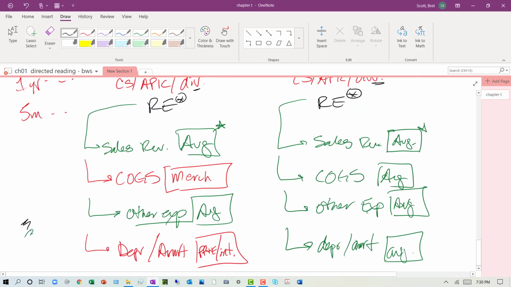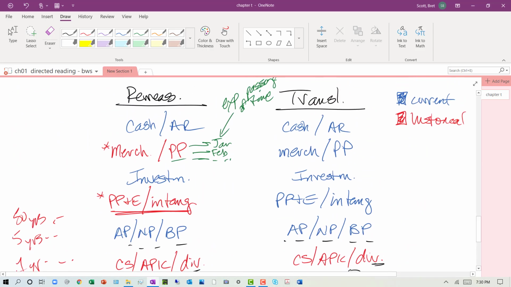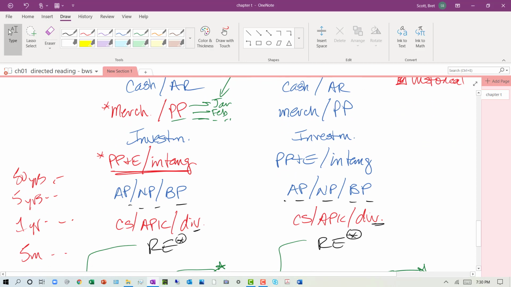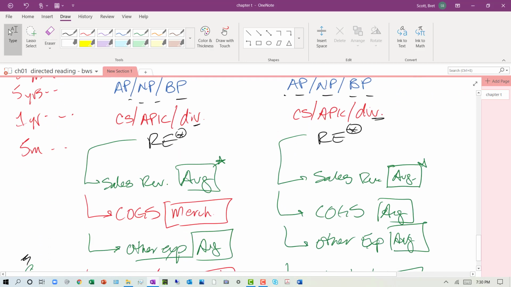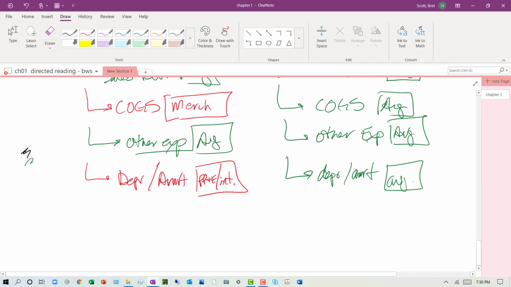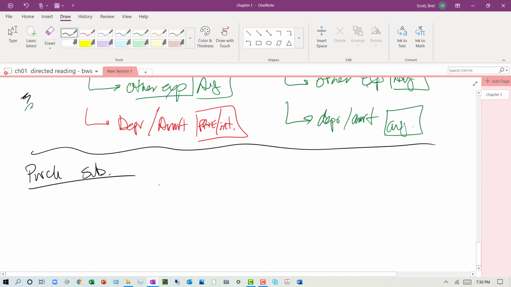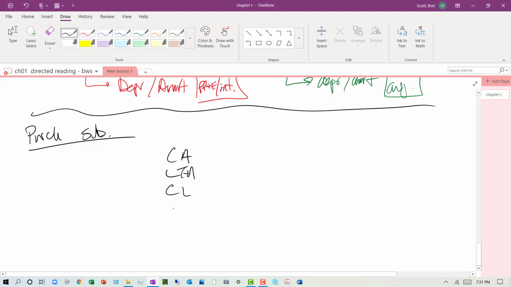One thing you want to keep in mind is that even though these differ, not just within themselves in what exchange rate we should use, but also across themselves, generally speaking, when we start off and purchase a subsidiary as is, the subsidiary will have current assets, long-term assets, current liabilities and long-term liabilities, right?